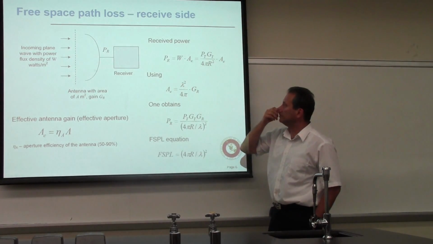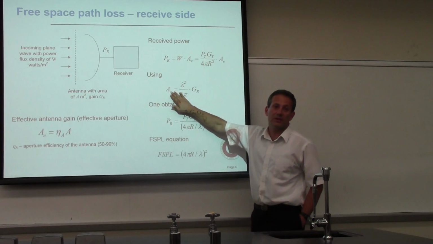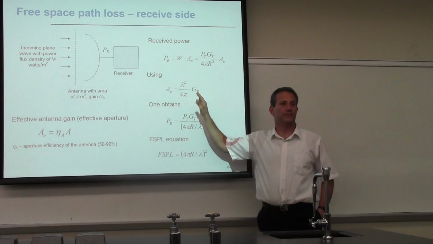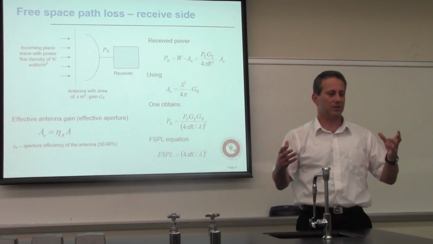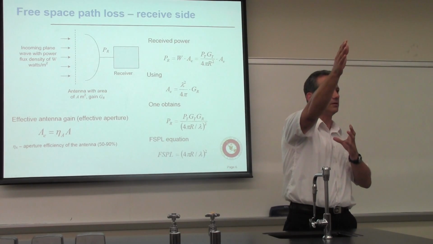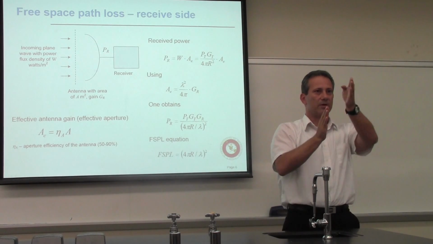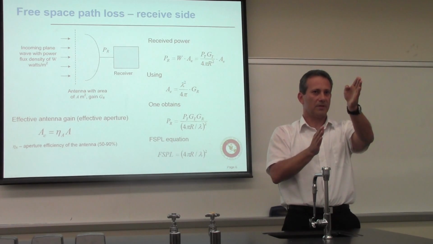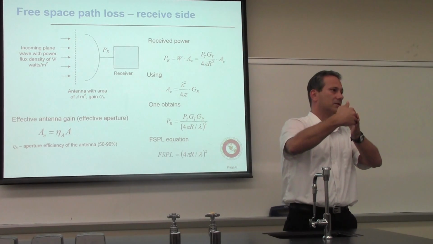It turns out, if you look at the electromagnetic theory, that the effective aperture of the antenna is directly related to its gain. Now, that's a very important symmetry. It teaches us that if the antenna transmits in a particular direction, it receives from that direction as well. So if I point the antenna to transmit in this direction, it will actually receive best from that direction.